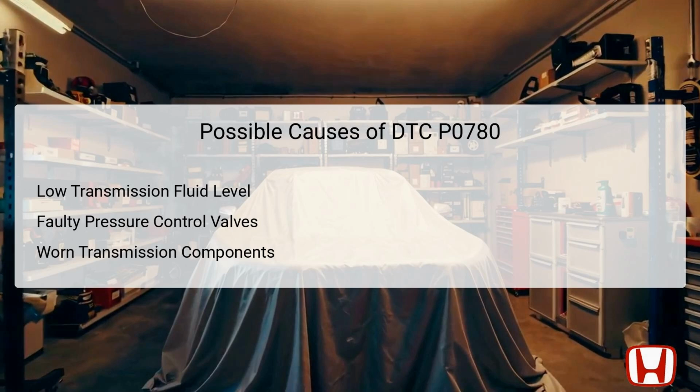If these valves get stuck in either on or off positions, they can disrupt the hydraulic pressure that facilitates shifting. Lastly, worn components within the transmission itself can lead to failure in the shift control system, resulting in the DTC being stored. Each of these issues requires careful inspection and resolution to ensure the proper function of the transmission system.